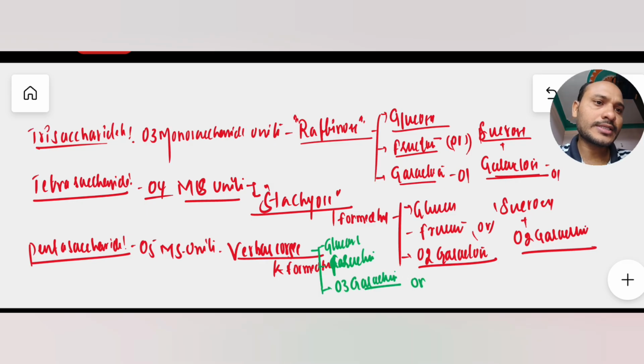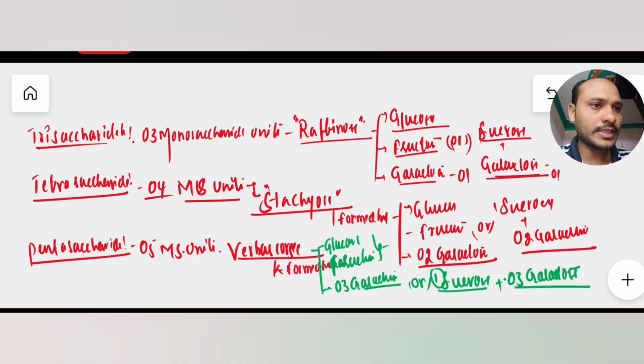Also we can write it like this: glucose and fructose together form sucrose. So how many sucrose molecules? One sucrose molecule plus 3 galactose molecules. One molecule of sucrose and 3 molecules of galactose, so 5 monosaccharide units together form a pentasaccharide, that is verbascose.